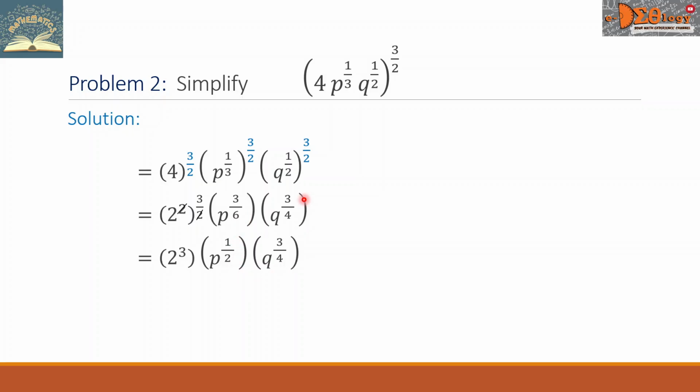For the q that is raised to 3 over 4, we simply copy it down. Finally, we simplify 2 cubed to be 8. Then we copy the p raised to 1 over 2, and we copy q raised to 3 over 4. This is the final answer.